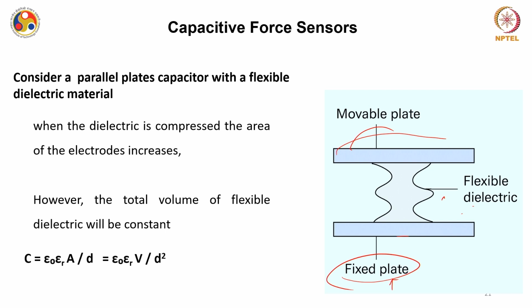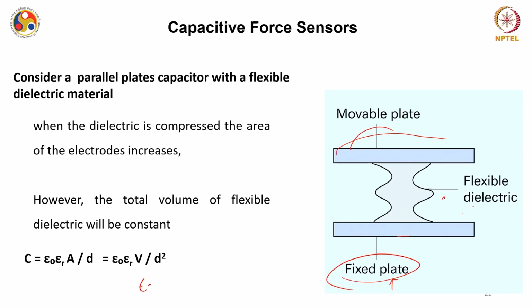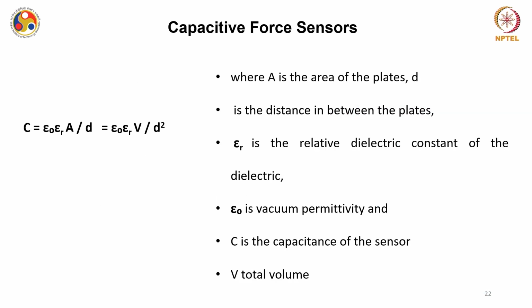If I multiply the numerator and denominator with d, I have epsilon naught epsilon r A into d by d square. Area into d will give you the volume. So I can write this as capacitance equal to epsilon naught epsilon r into V by d square, right?